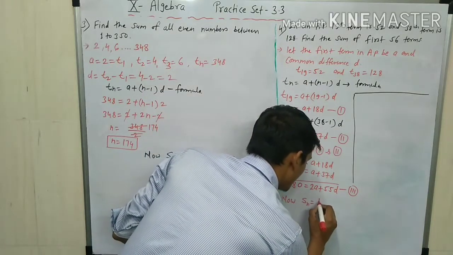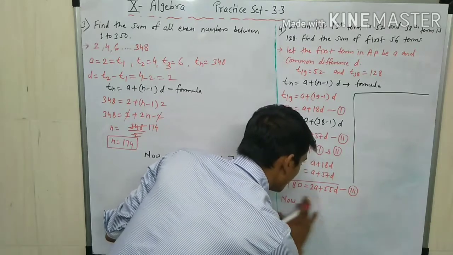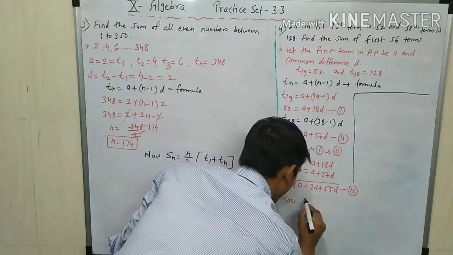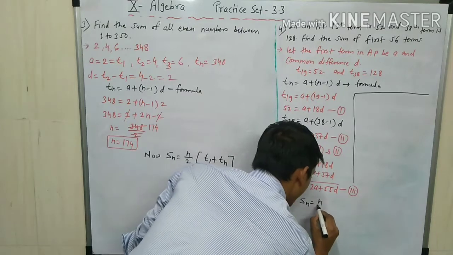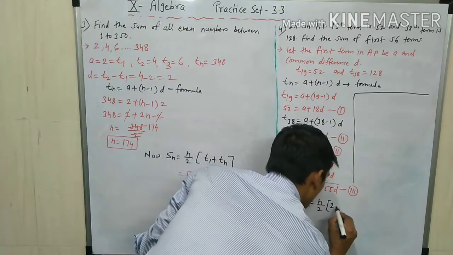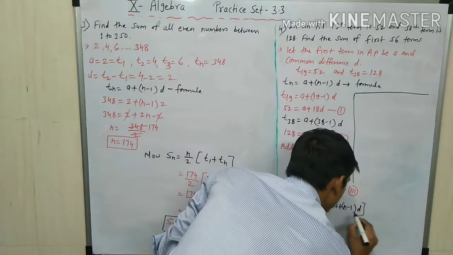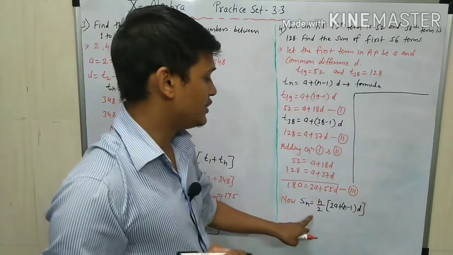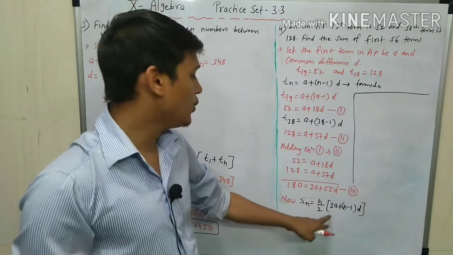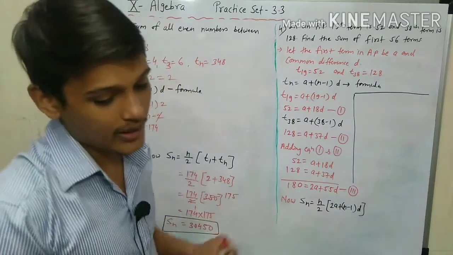Sn is equal to n upon 2, bracket 2a plus (n minus 1)d.